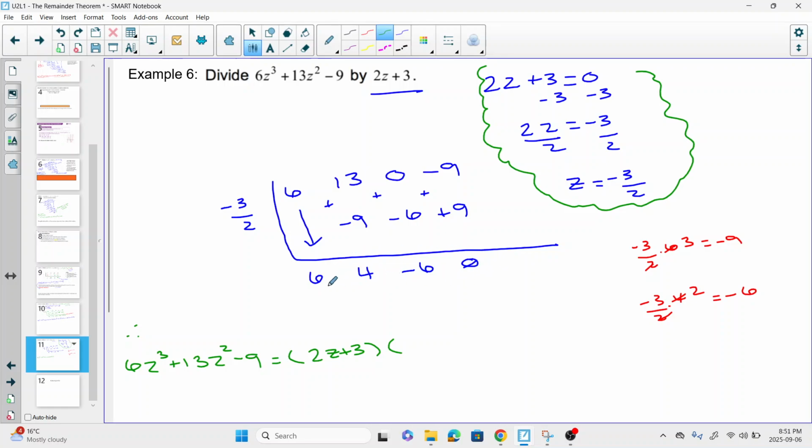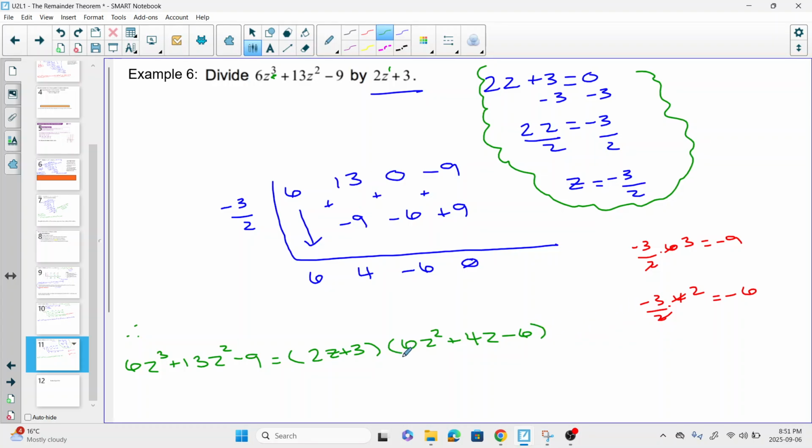This is the remainder 0. The original polynomial was degree 3, so our quotient is going to be 1 degree less because we only divided out a degree 1. So this is going to be 6z squared plus 4z minus 6, and then again we have that remainder of 0.